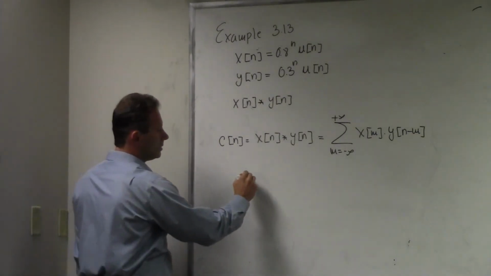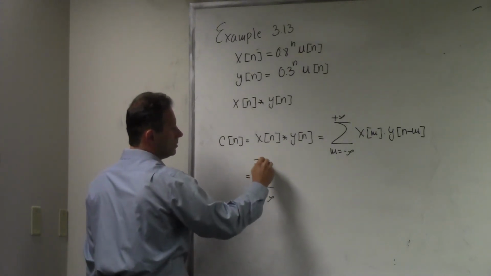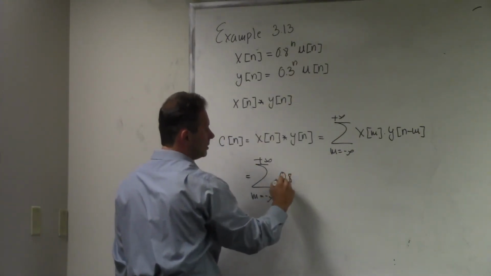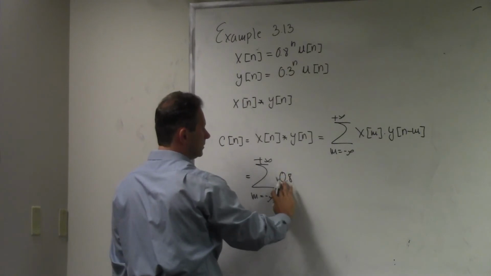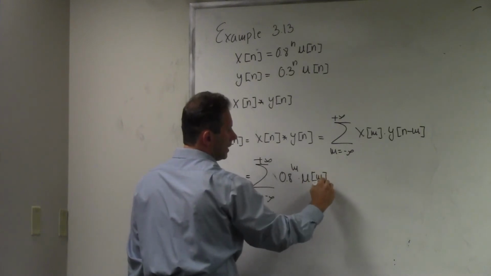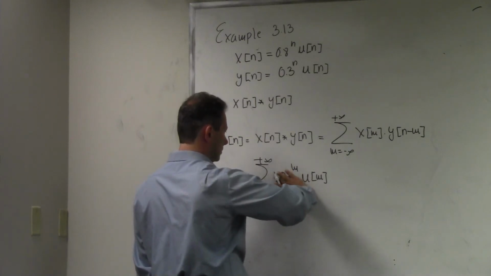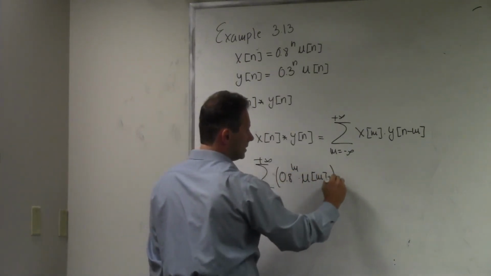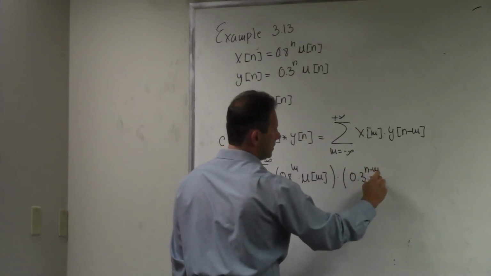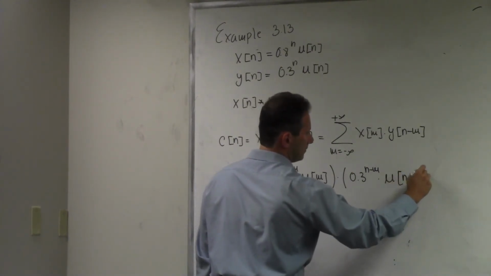So let's substitute now what these signals are. I'm still leaving m going from minus infinity to plus infinity. But instead of x of m, I can write this: 0.8 to the power of m times u of m. So this is my first signal. Use the parentheses. And then times the second signal, which is 0.3 to the n minus m times u of n minus m.